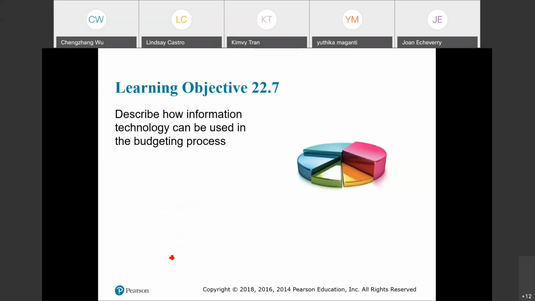Okay, the last topic of this chapter: how information technology can be used in the budgeting process. Budgets require companies to complete many calculations, and information technology can make it more cost-effective for managers.